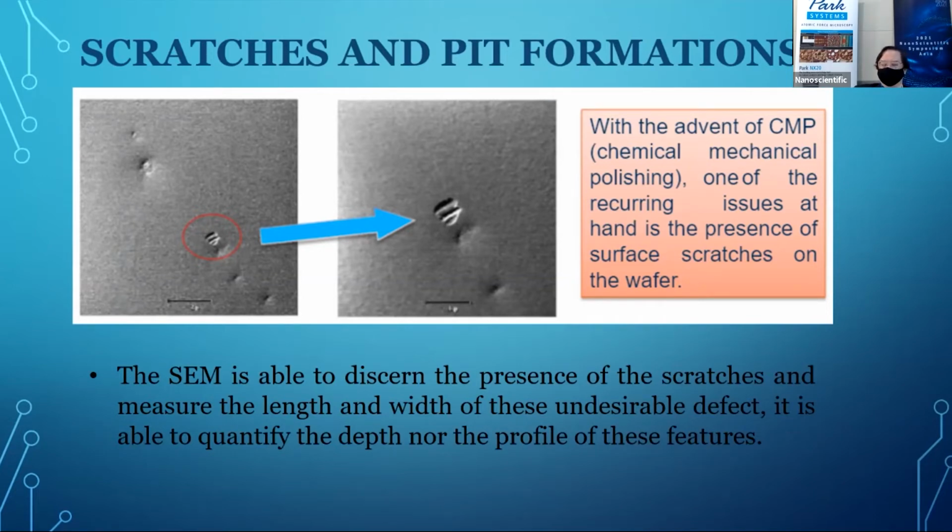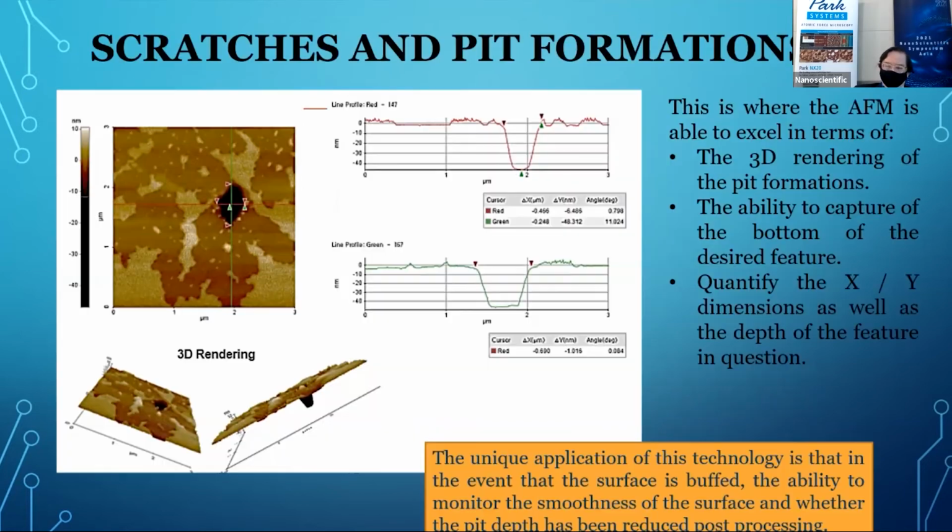But then you actually cannot quantify the depth of these defects. So again, the AFM system shows its strength in this instance, because as you scan through the image, you're able to look at the depth in X, Y, or whichever dimensions you want to look at. Now, why is this important? It's because moving down the road, the engineer can say, okay, I have a scratch.